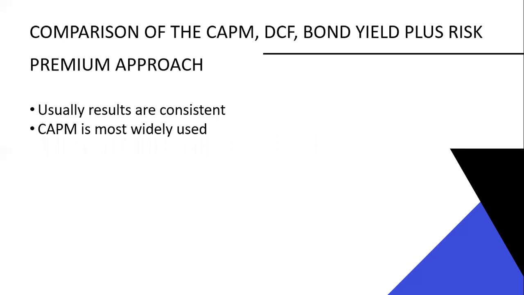So if we were to compare all three of these approaches, what would we see? Number one, usually the results are pretty consistent, pretty similar. And the most commonly used approach is CAPM. That's why we spent some extra time on the CAPM model, because it is widely used in finance.